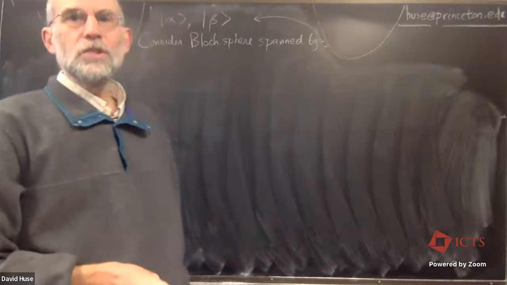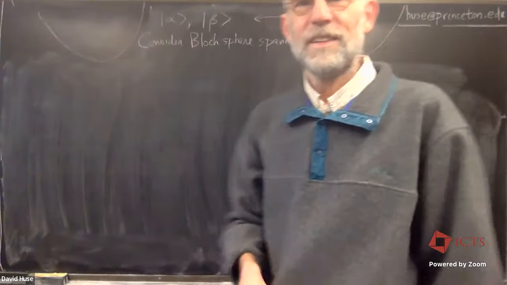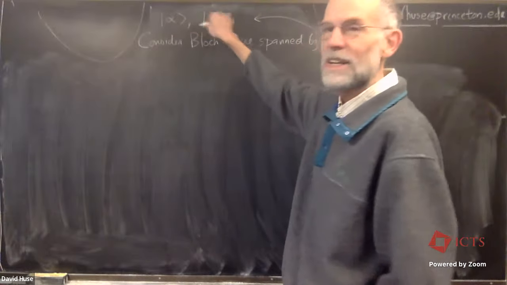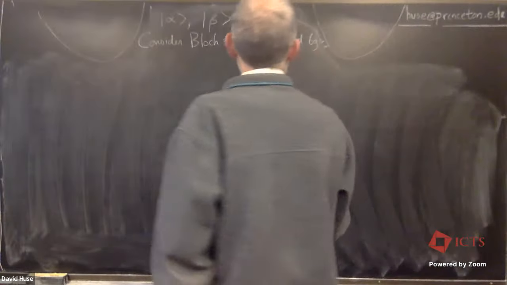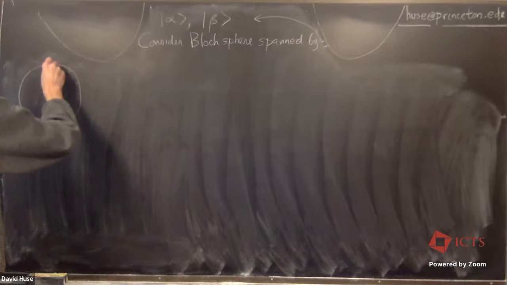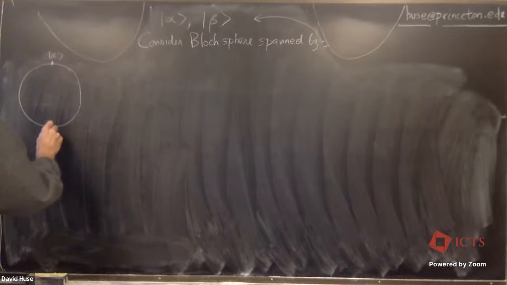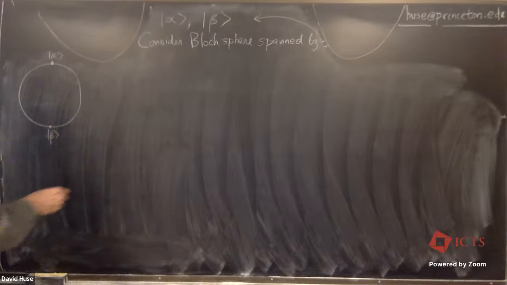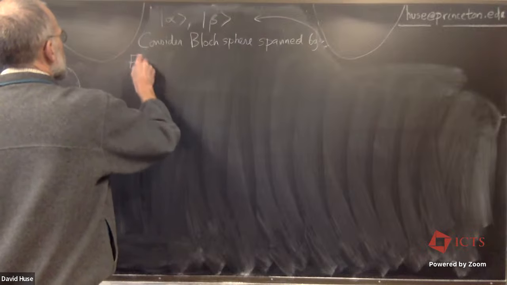So just a little two-state Hilbert space spanned by linear combinations of these two eigenstates. Okay, so here's that Bloch sphere. Put alpha here, beta here.